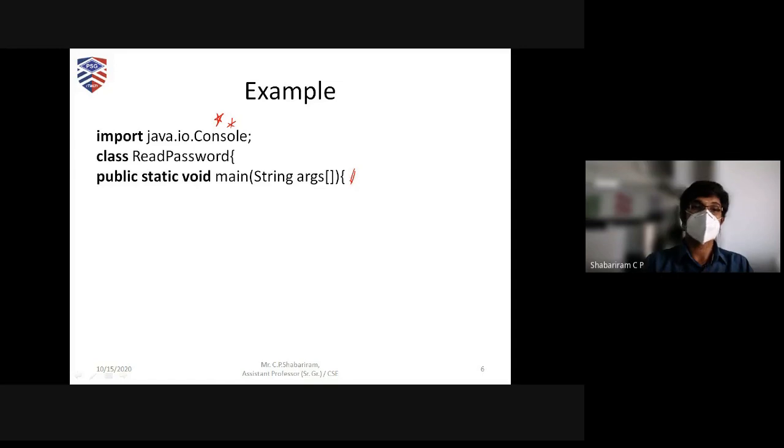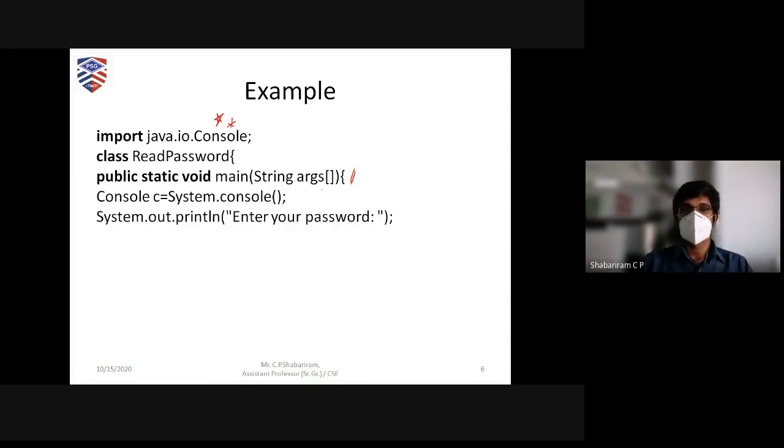Within the main method, I am using the Console class, which is assigned System.console(). Next, I am popping up a statement which asks for your password. Here I am going to convert my password into a character array. So this is the assignment.